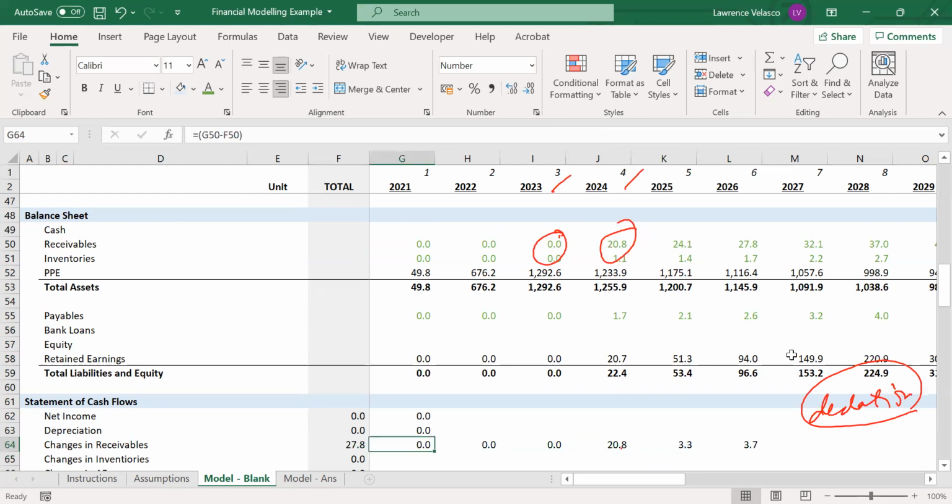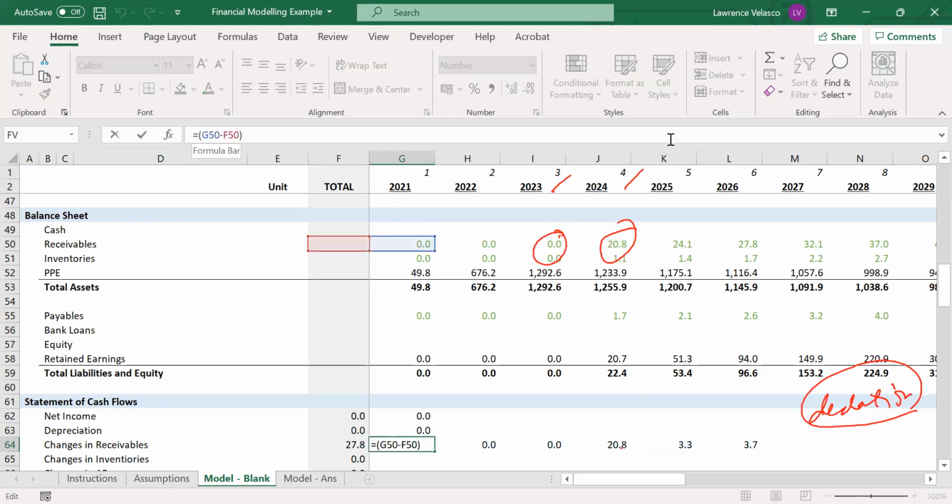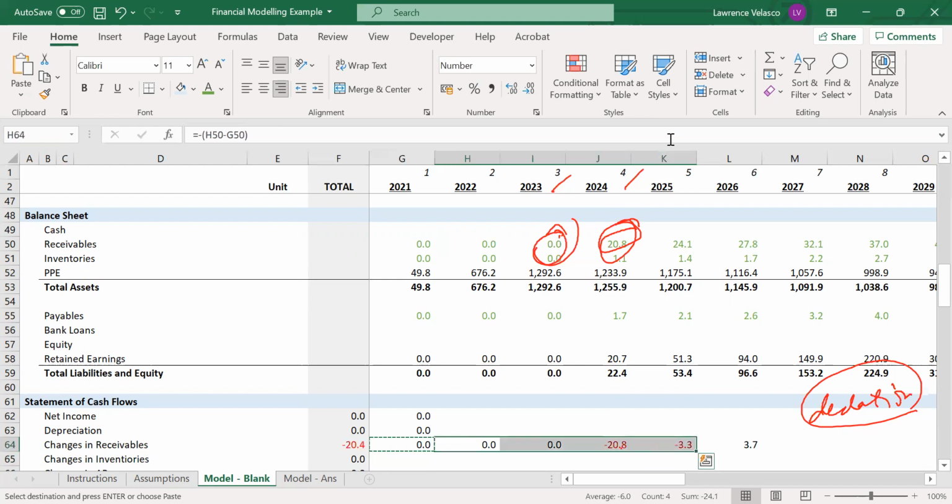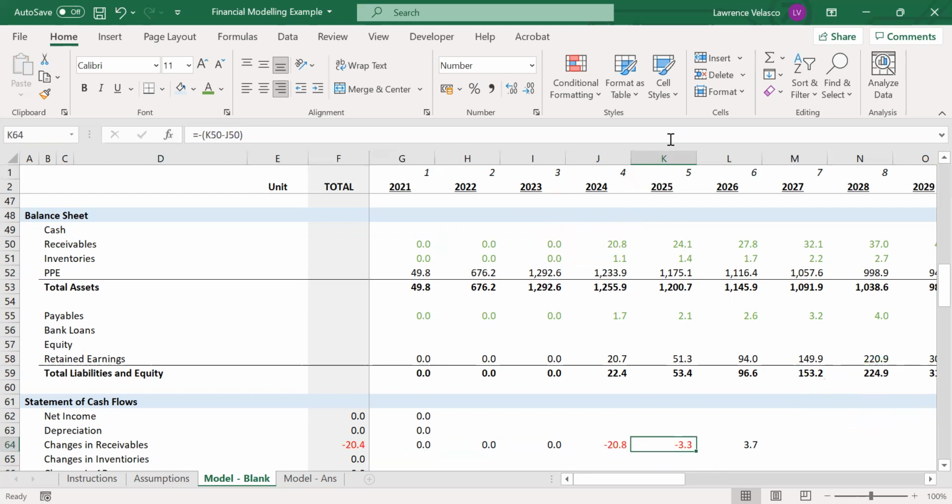So how do you model it? Lagyan mo ng negative sa start. Yung gusto mong makuha, kung mas malaki ito kaysa dito, what we want is the negative of that number. So, kaya ganyan natin siya minomodel. Okay? 20.8 kasi there's an increase in receivables. Let's repeat it.